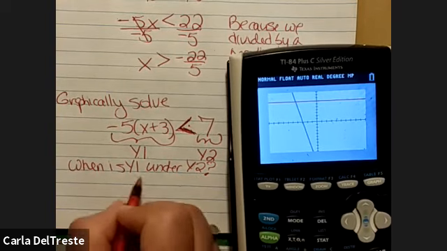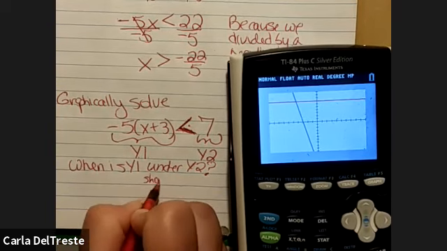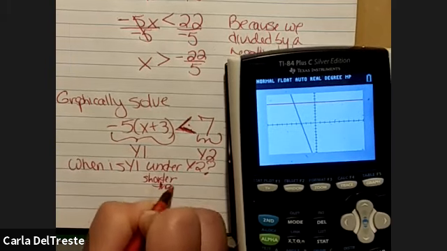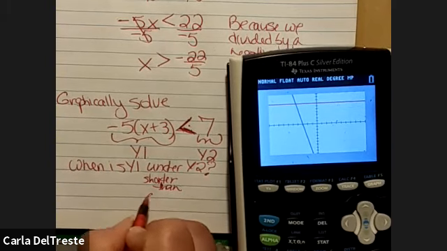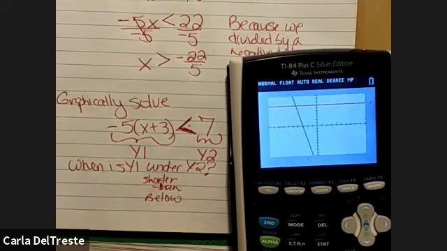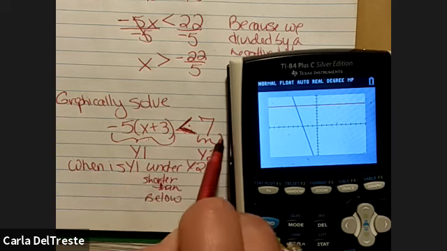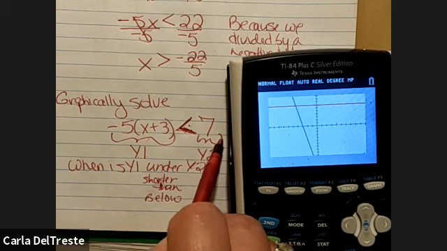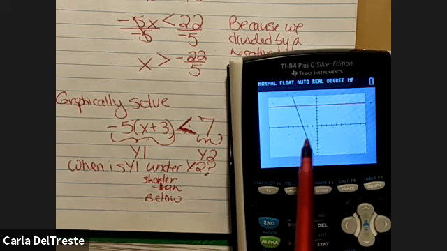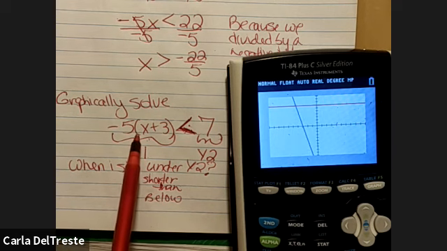Or instead of saying under, you could say shorter than y2. Or you could say below y2. I don't care which way you want to remember this, but when you say less than, you're talking about this being underneath this one. This is where you have to remember which one was which. This was my linear, -5 times x plus 3.